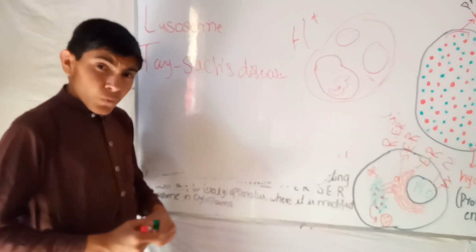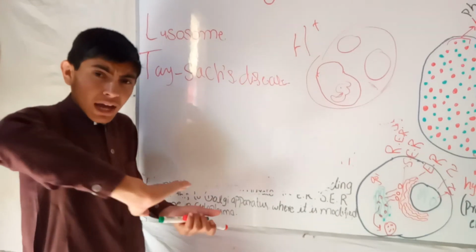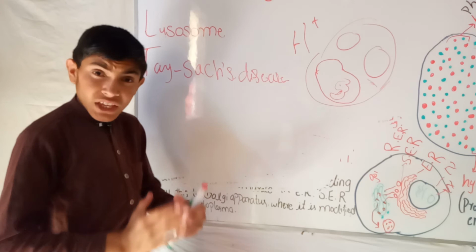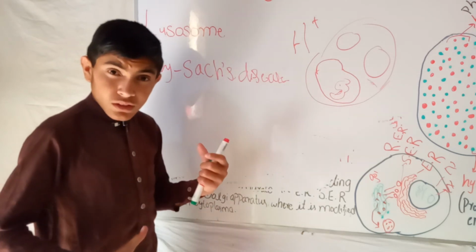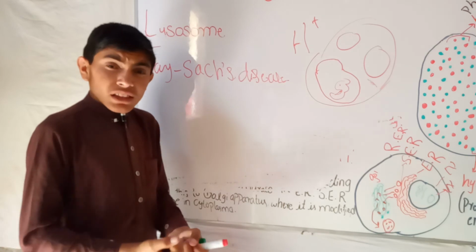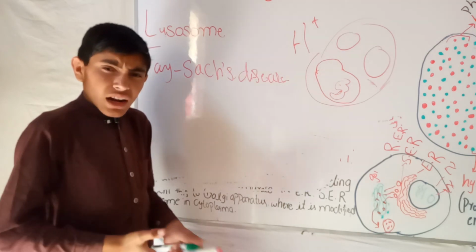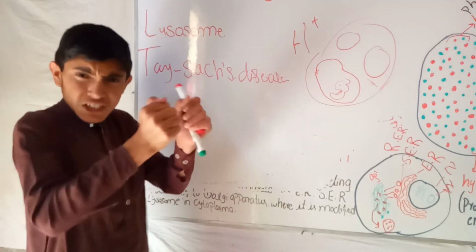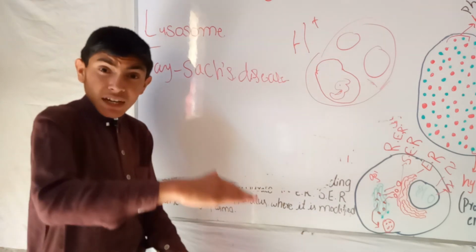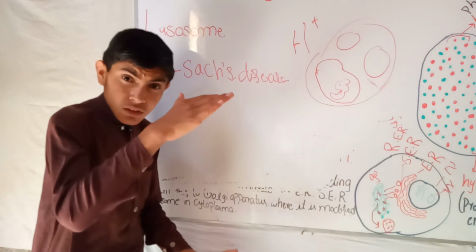Okay, in this disease, the catabolic activities or the catabolism of the lipid increase in the tissues. What is catabolic? Catabolism is a process in which the complex thing is converted into a simpler one. The big thing is converted into small.